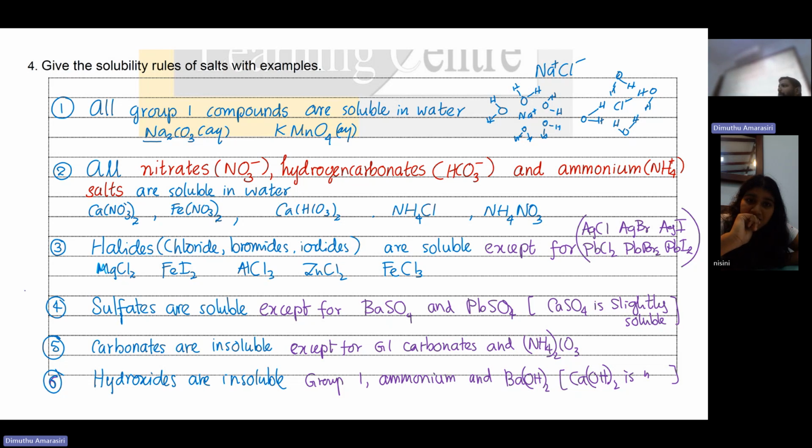Carbonates are insoluble. So who are the only soluble carbonates? Group 1 and ammonium. Is barium a group 1 carbonate? No, it's some other carbonate, so insoluble. Copper 2 carbonate: insoluble. Easy. Lithium carbonate: soluble, like that, because they are group 1.